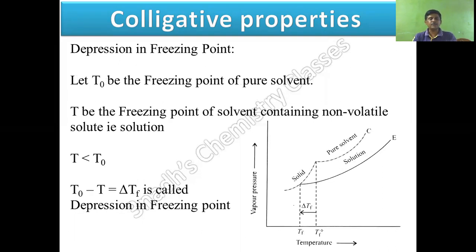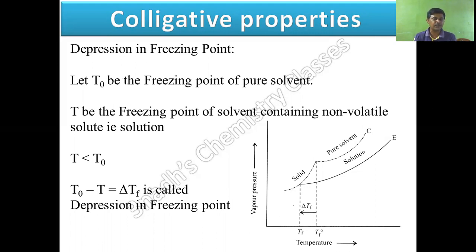Let T naught be the freezing point of the pure solvent, and T be the freezing point of a solvent containing non-volatile solute. Here, T is always less than T naught, from our previous discussion, due to the addition of non-volatile solute.